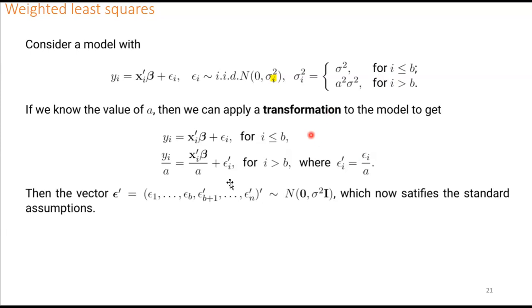So now we have constant variance. And now that means we can apply the usual ordinary least squares. Okay, so now you see why we put O in front of least squares. And this is what we call weighted least squares. So we apply some transformation to the model, and then apply least squares.